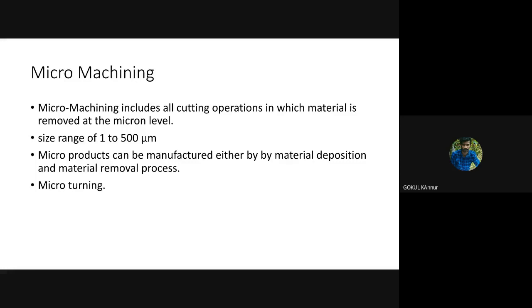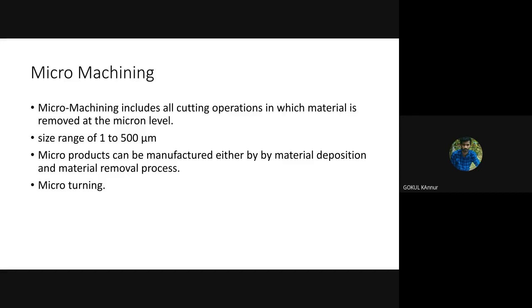So what is the peculiarity of micro products? They can be manufactured in two ways, either by material deposition or by material removal. Material removal is the actual machining operation itself.